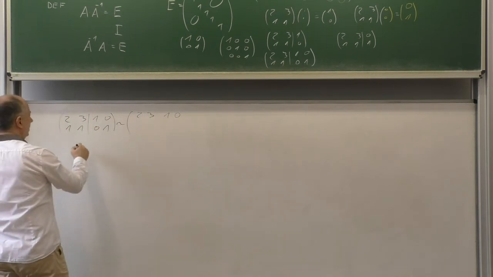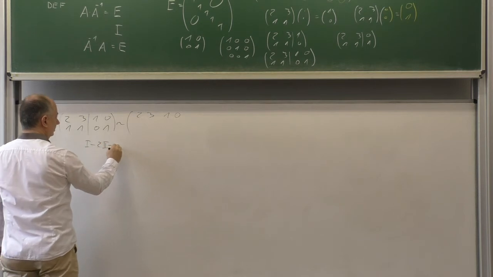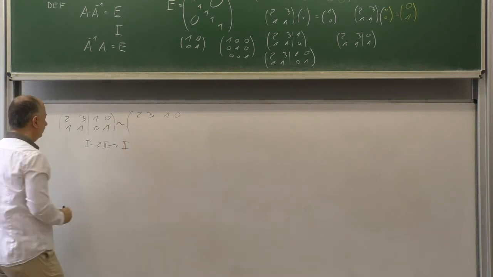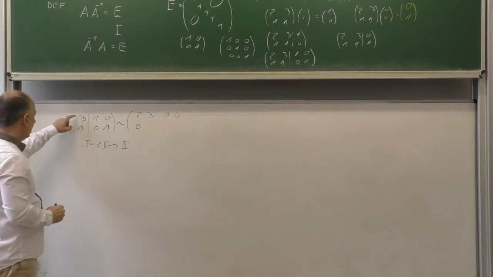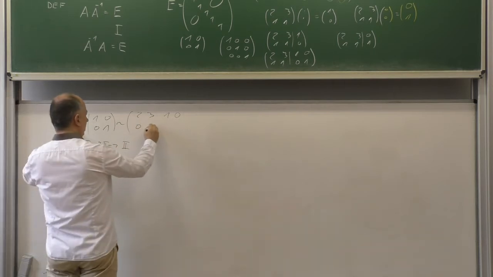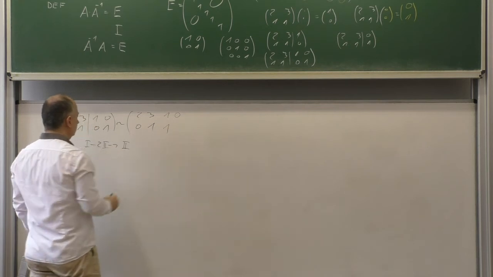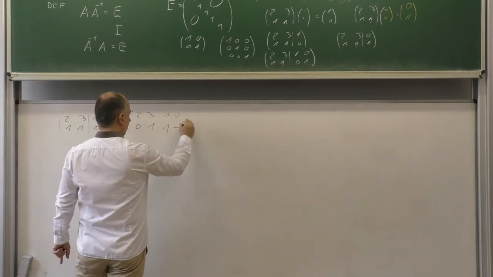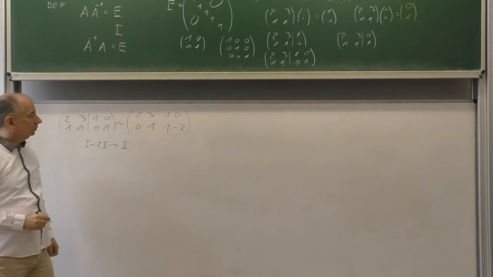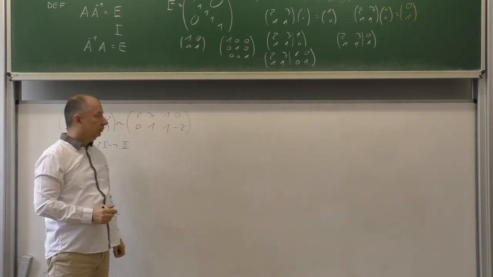And instead of this, we take the first row minus 2 times the second. Will be the new second row. 2 minus 2 is 0. 3 minus 2 is 1. 1 minus 0 is 1. And 0 minus 2 is minus 2. Well, this matrix is in the upper triangle form.